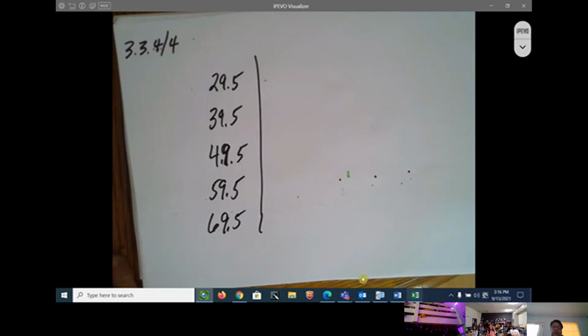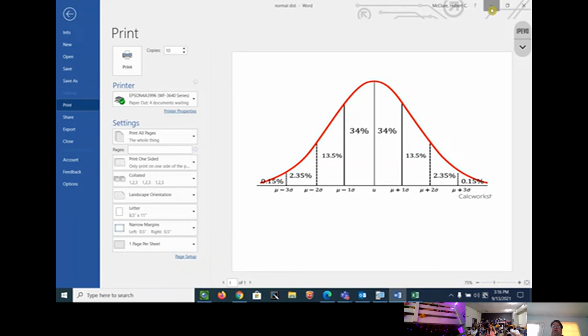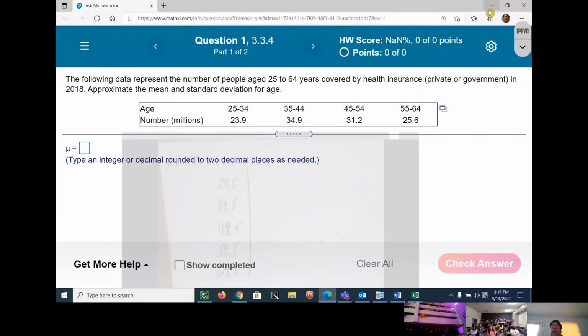Is that how far we go? Let me see. Okay, it just goes to 59.5. The frequencies are 23.9, 34.9, 31.2, 25.6.